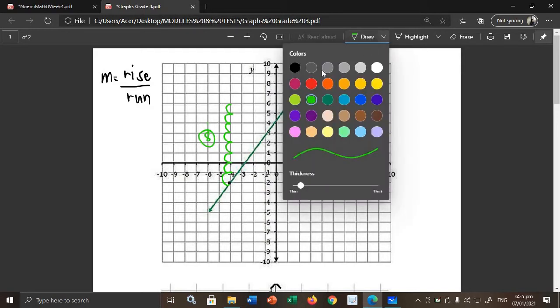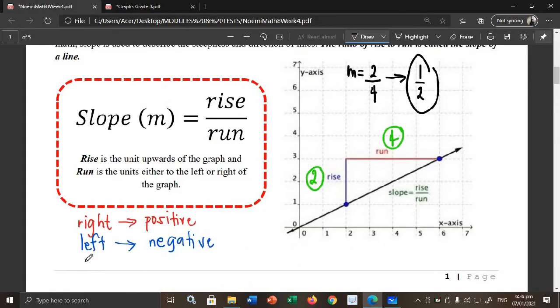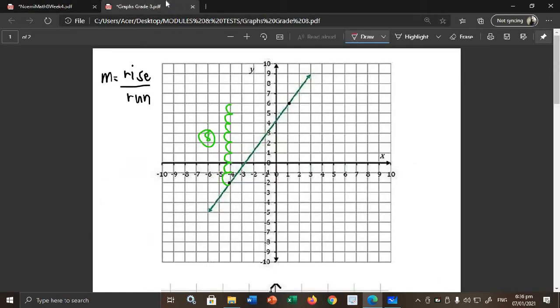And then yung run mo is to the right. So meaning, the value that you will get is a positive number. Kasi kapag sa right, positive. Kapag sa left, negative, as I was saying a while ago. So let's count from here. We have 1, 2, 3, 4, 5. You have 5 units to the right, so it is positive.